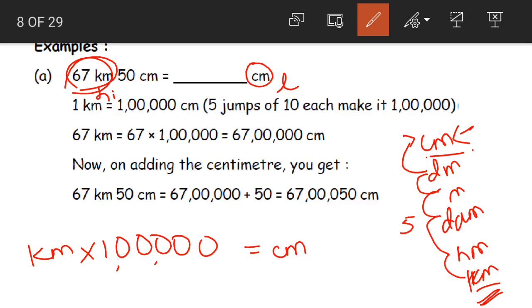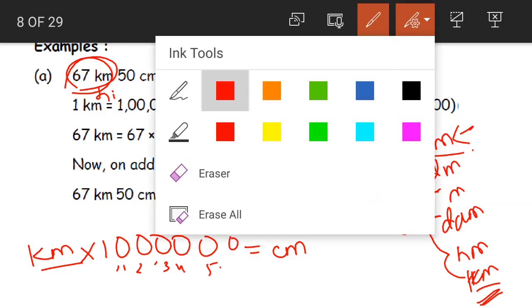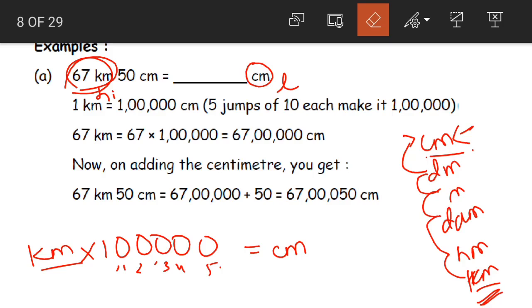So that is why we are multiplying kilometers by 1 lakh. 1 lakh has 1, 2, 3, 4, 5 zeros. If suppose here we had 6 jumps, then we'll write 6 zeros. So like this, depending on the number of jumps, we decide the number that will multiply the kilometers.